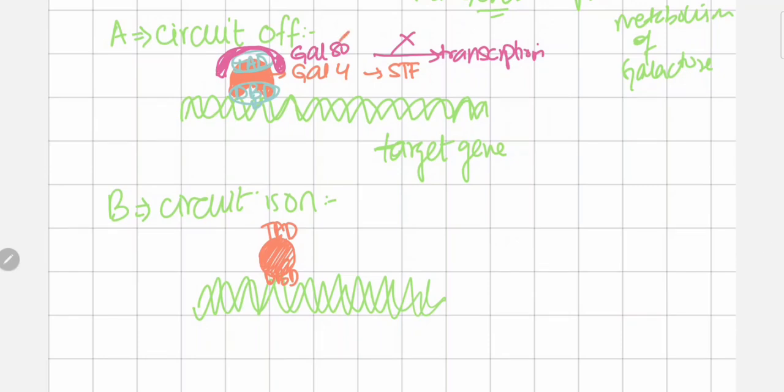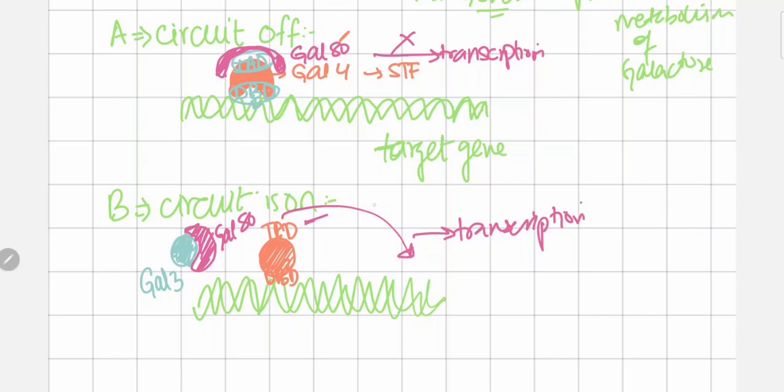This GAL80 is removed by another protein called GAL3. GAL3 is going to remove it by binding with GAL80. When this is removed, the transcription activation domain is going to open up, and now this is going to activate the gene and cause transcription. It is going to recruit GTFs and the coactivators, and it is going to increase transcription. That is how a galactose circuit works.